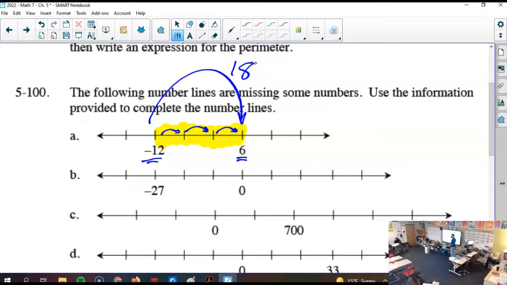Right? From negative 12 up to positive 6. So then we're dividing that by the 3 jumps. And that's how we get that each jump is 6. Does that make sense? So likewise, in B, we would take this distance of 27. Even though it goes down to the negative, it's a distance of 27. We would divide by 3.